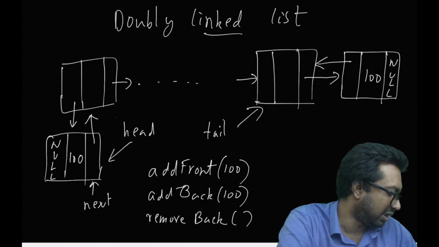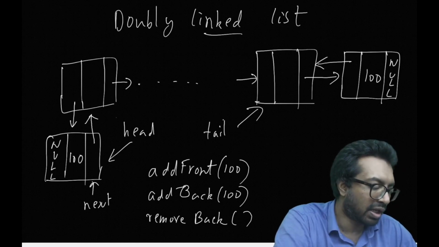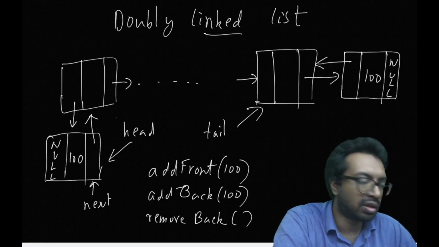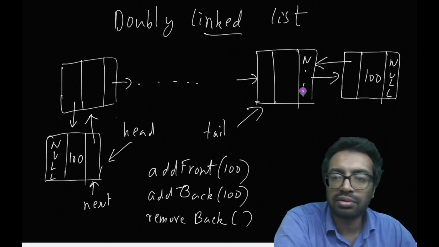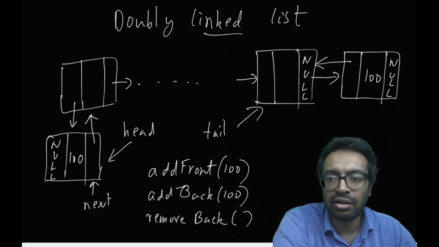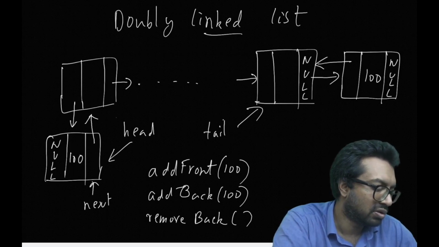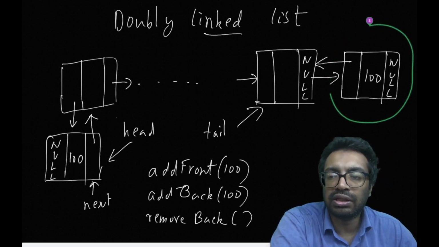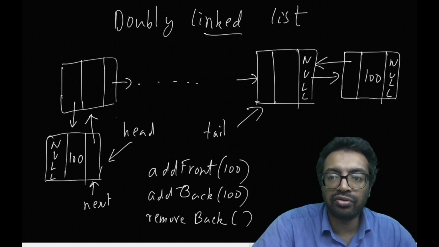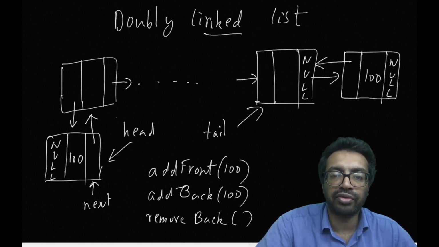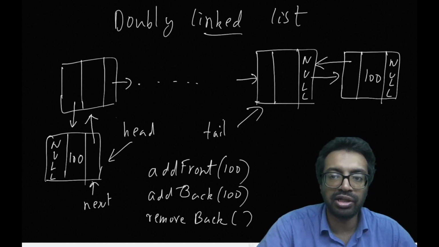I will have to remove the next pointer there and make it null. Finally, I will have to free that node, that is, free the memory allocated when I created that node. So that has to be deleted.